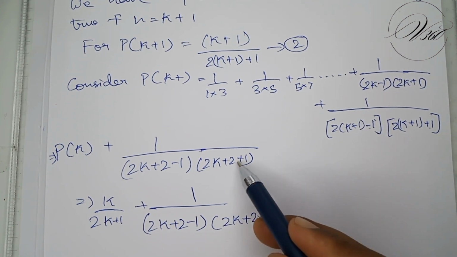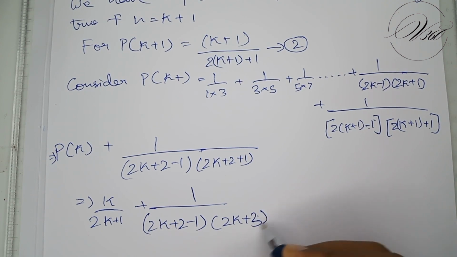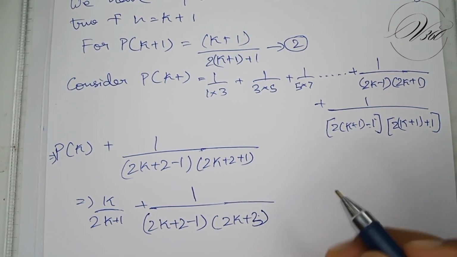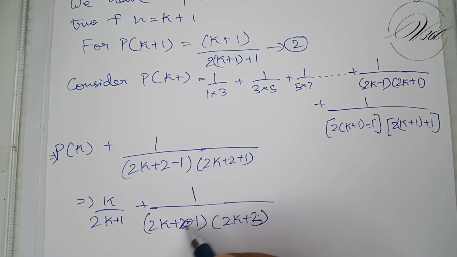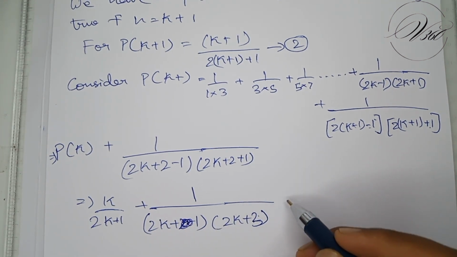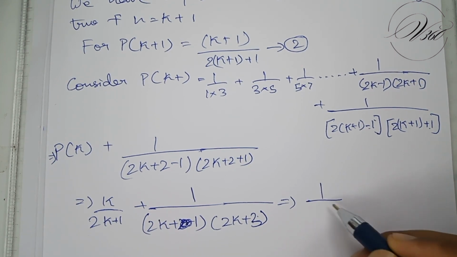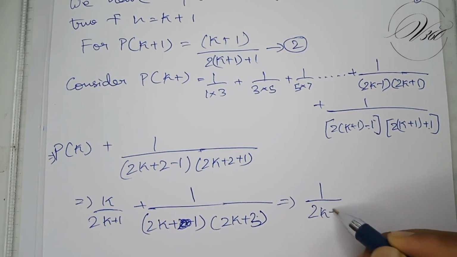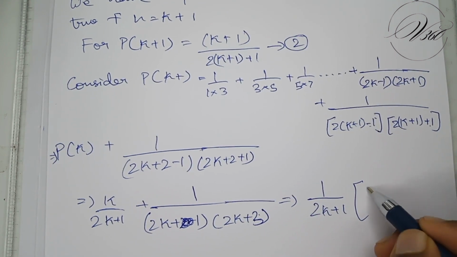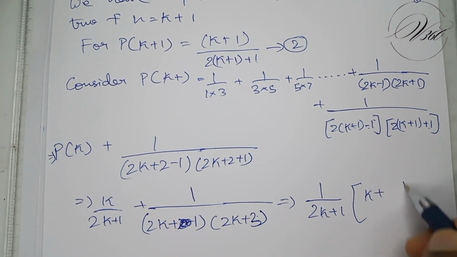Okay, here 2 plus 1 is 3, no? Here 3 it will come, okay? Here 2 minus 1, here 1 plus 1, okay? I'm writing double time, sorry. Now here I will get 1 by (2k plus 1) of k plus 1 by (2k plus 3), okay?